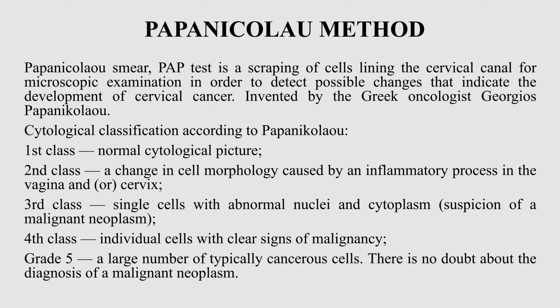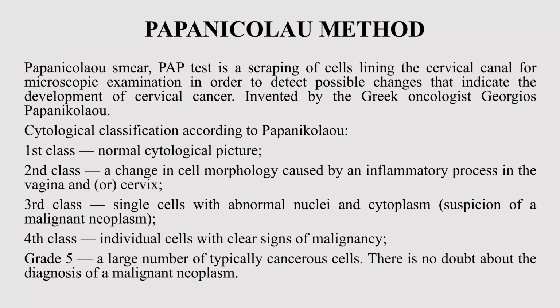Next, the third class is suspicious tissue for malignancy, where we find some signs of abnormality in nuclei or cytoplasm. For the fourth grade, we admit clear signs of abnormality, malignancy.